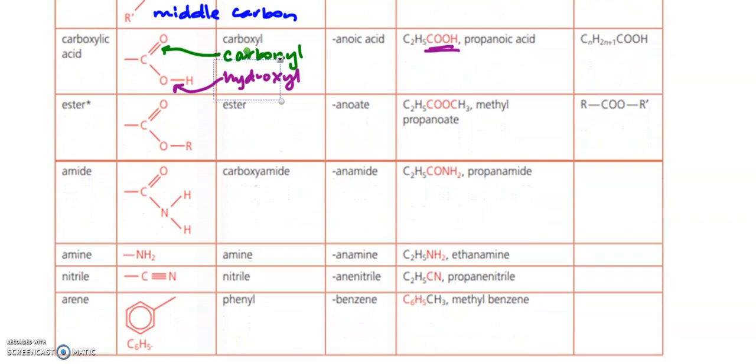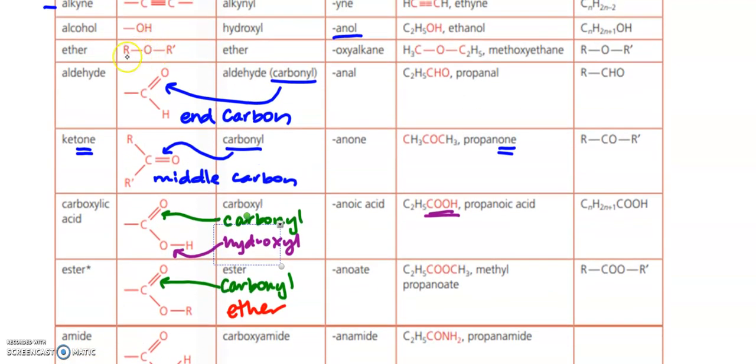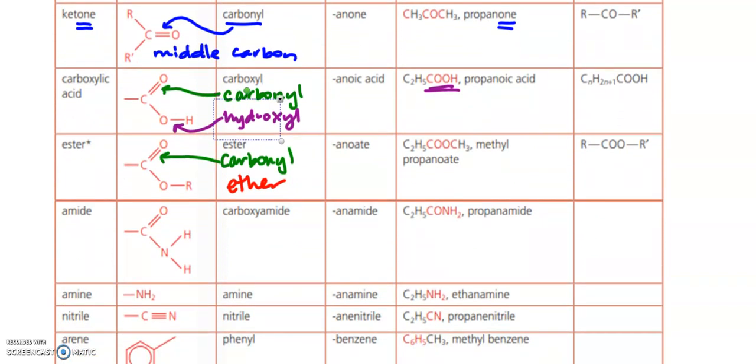An ester. So an ester is a combination of carbonyl again, which is this right here. But this time, it's with an ether. So remember, if we go back up, an ether was when you had an O in between carbons. So here's your ether right here.